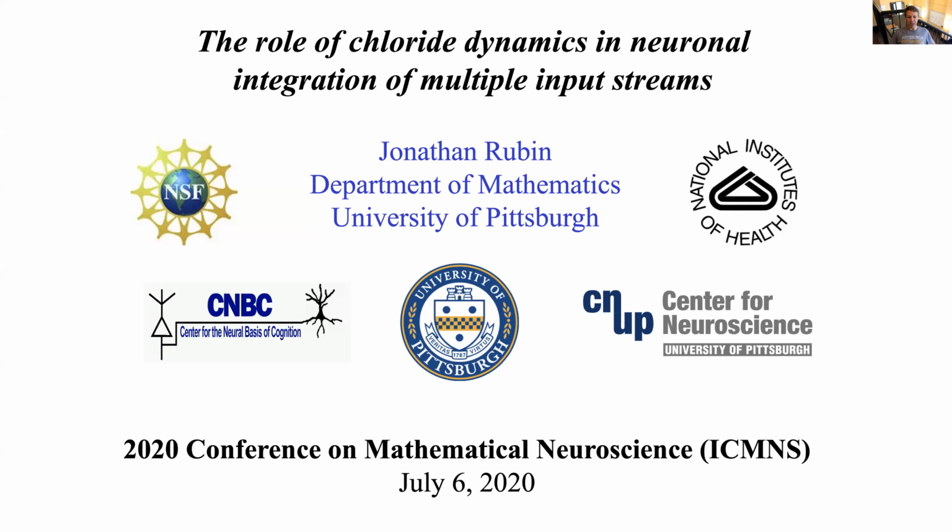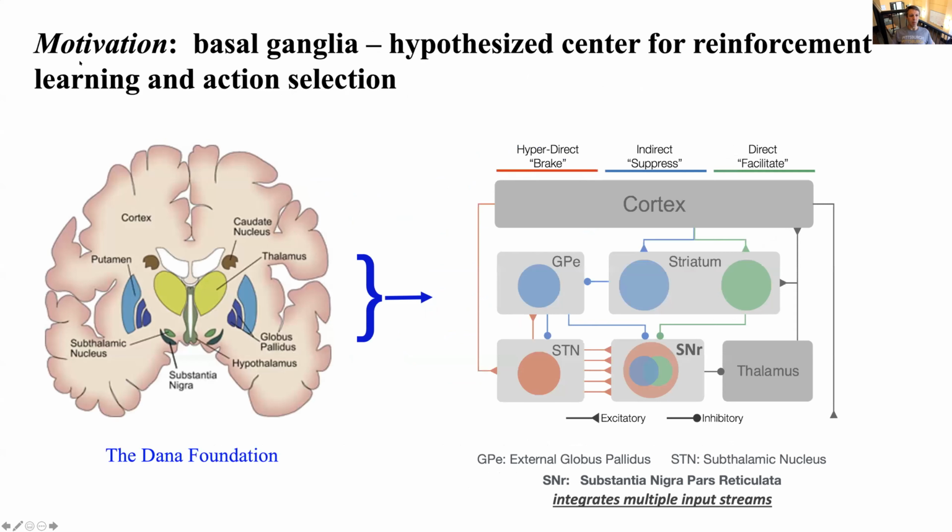So the motivation for what I'm speaking about today comes from work on the basal ganglia. I have here just a cartoon of a coronal section through the brain, and you can see various brainstem areas that together constitute the basal ganglia.